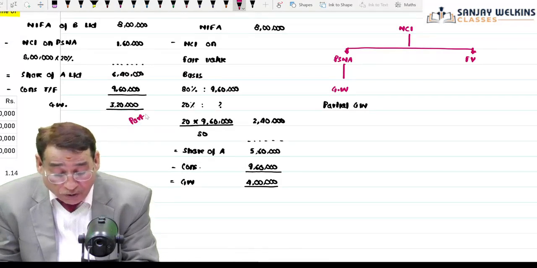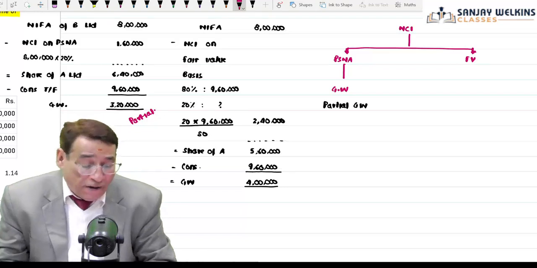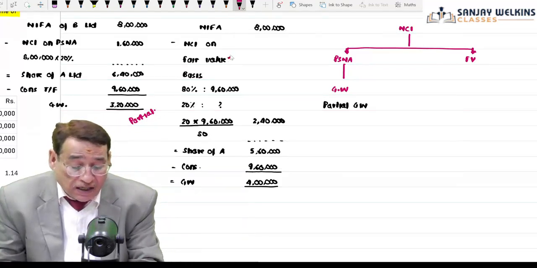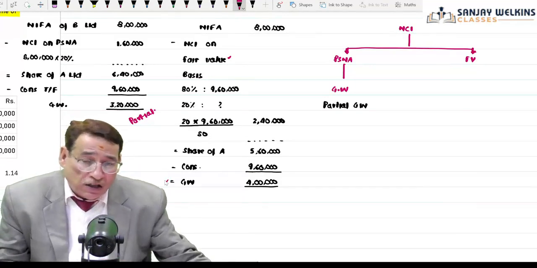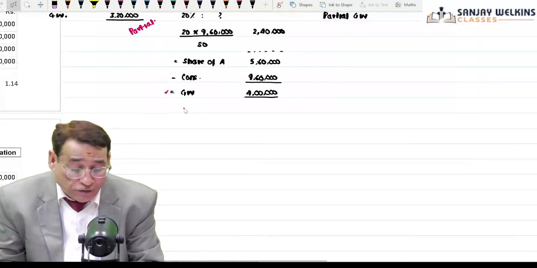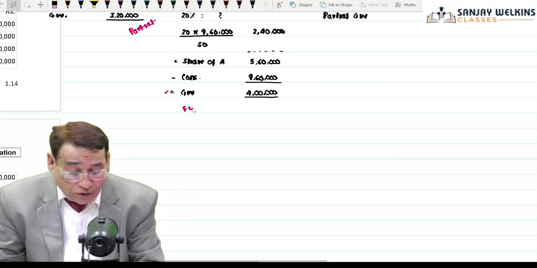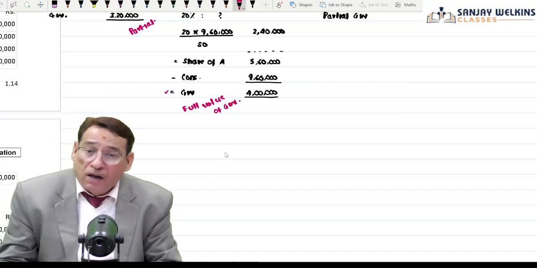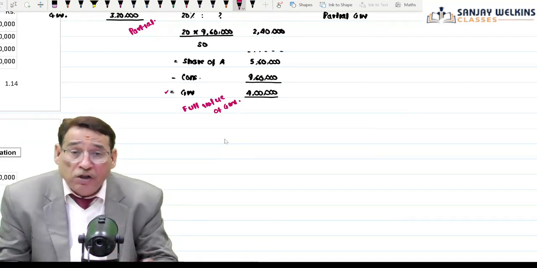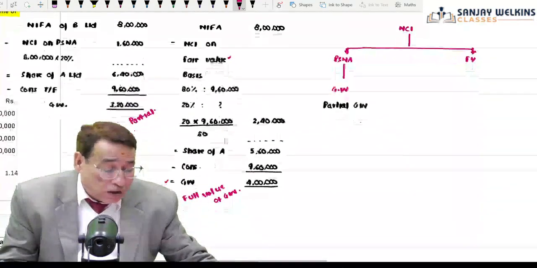You need not write it, but you must understand. And when we compute NCI on fair value basis, the goodwill we get is known as full value of goodwill. Now, what we mean by partial goodwill and full value of goodwill, I will explain that also.